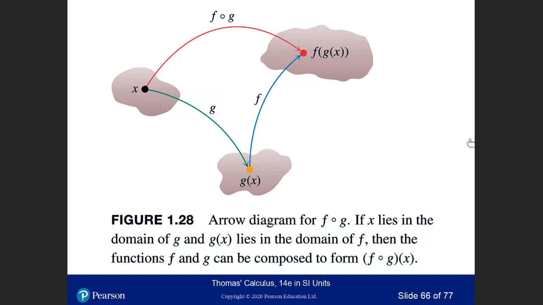That's another pictorial representation for composition. You have here that's your g function, that's g of x, and then it goes and you apply f, you get f of g of x. So that's a shortcut from here to here.